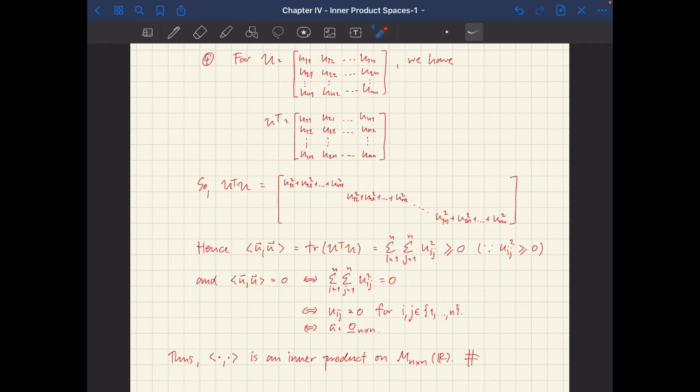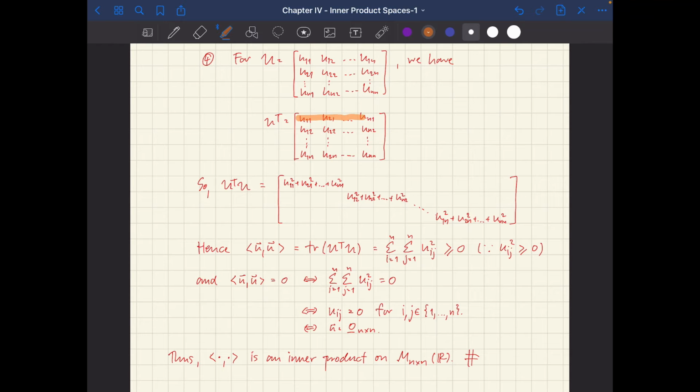The next step is to find the product of u transpose and u. If we need to find the element of u transpose u in the first entry, the entry 11, this is equal to u11 squared plus u21 squared, up to un1 squared, right?